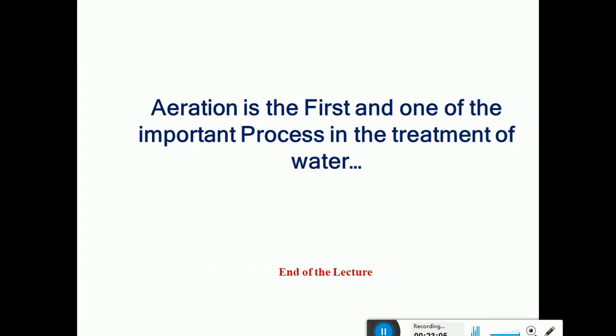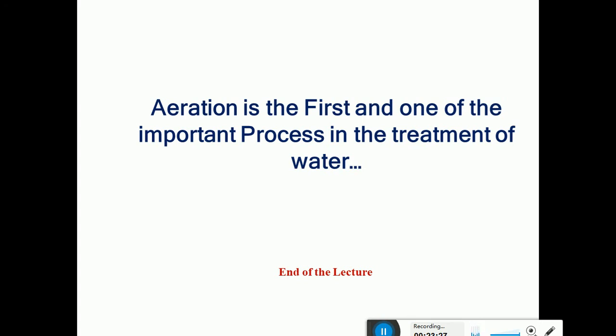So far we have seen the different types of aerators and their working, and as we know, this is a very basic step in the treatment of water. Aeration is basically done to remove the iron and manganese from the water in the form of precipitate, iron oxide and manganese oxide, hydroxide.